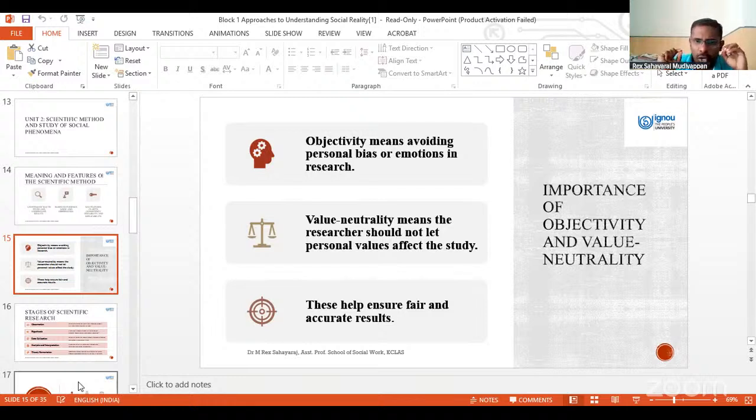And value neutrality means the researcher should not let personal values affect the study.